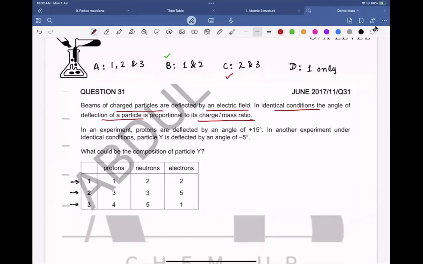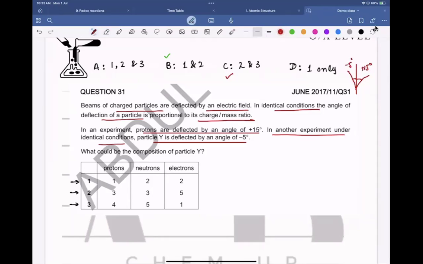Yes. Now, in an experiment, protons are deflected by an angle of positive 15. So they have given you the angle of deflection of the proton, that it deflects by positive 15 degrees. Is this clear? Yes, sir. In another experiment, under identical conditions, particle Y is deflected by an angle of minus 5 degrees. So if this is positive 15 degrees, it could be minus 5, for example, right?